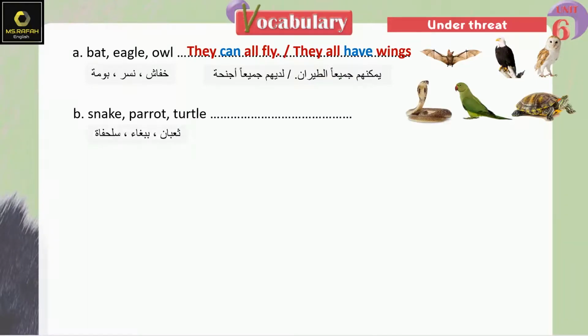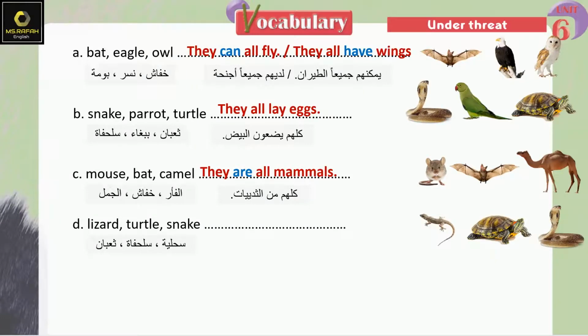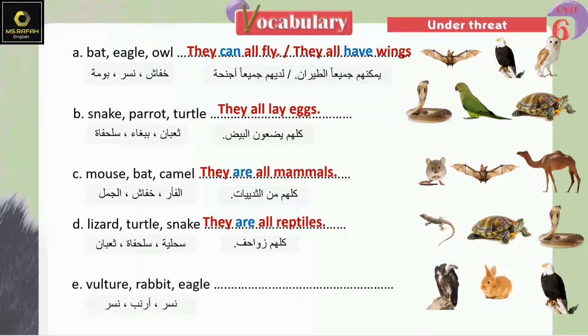Snake, parrot, turtle. They all lay eggs. Mouse, bat, camel. They are all mammals. Lizard, turtle, snake. They are all reptiles. Vulture, rabbit, eagle. They all have warm blood.